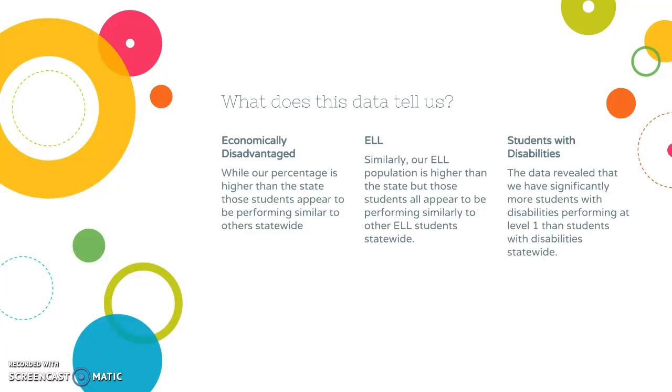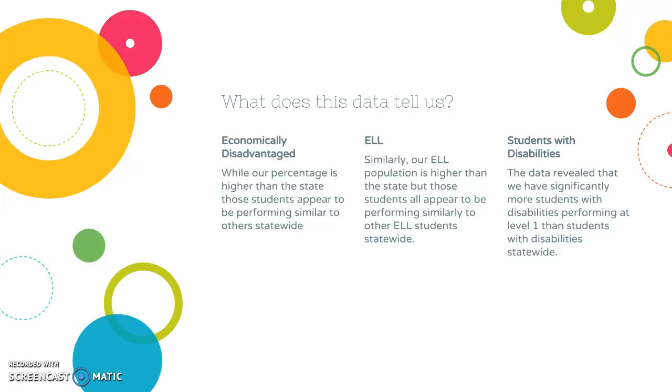So what does this tell us? As far as our economically disadvantaged population, while our percentage is higher than the state percentage as far as demographics, those students still appear to be performing similar to other students in the economically disadvantaged category statewide. And same thing with ELL.